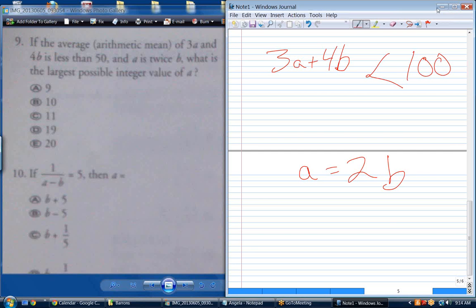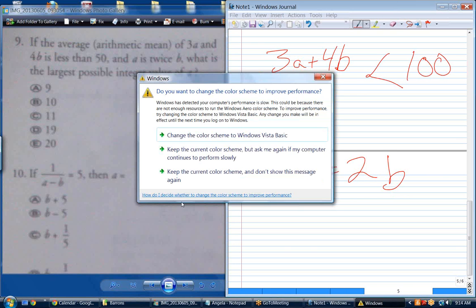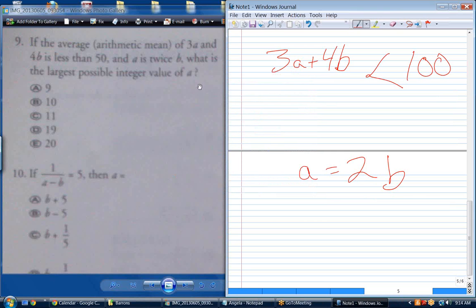So at this point, let's re-examine how we're doing this problem. How should we be doing this problem? I don't know. We should be back solving. The reason is, what is the largest possible integer value of a? That gives us a good clue as to where to start our back solving. Since they ask for the largest possible, if we started with b and that worked, we'd still have to try c, and then d, and e.